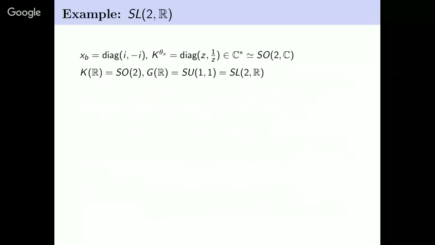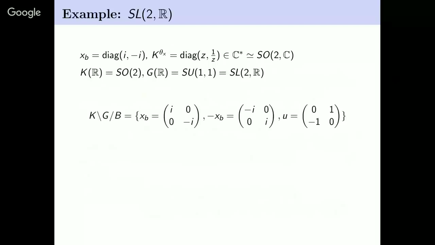that's my XB. And it's an entertaining exercise, which you can do in your head practically, which is to say that in this example, KGB, K mod G mod B, has 3 elements.